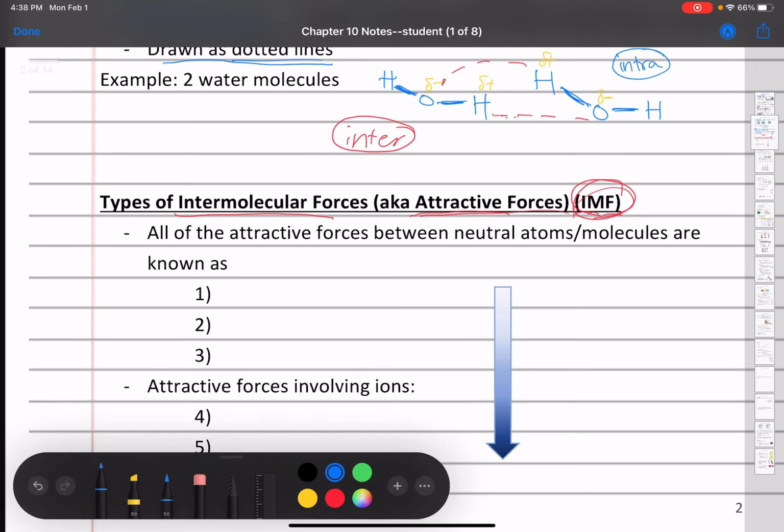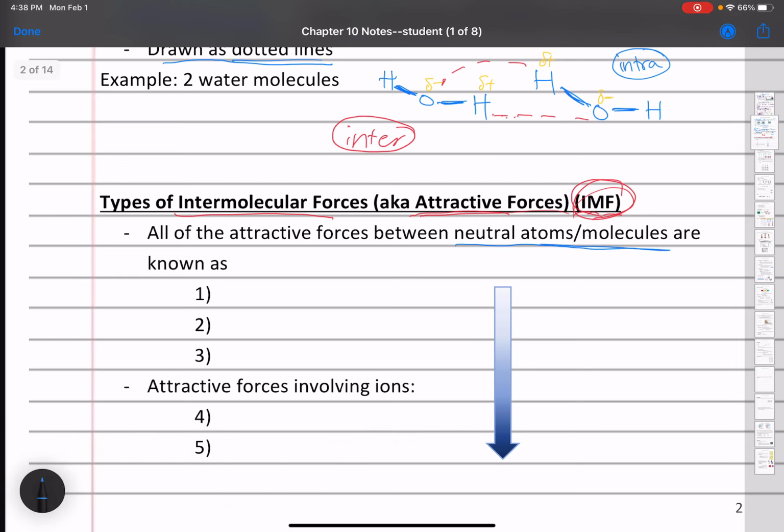Whenever we have attractive forces between neutral atoms or neutral molecules, like water, like HF, these are technically called van der Waals attractions. The three types of van der Waals attractions, from weakest to strongest, which is what this arrow represents, start with the weakest force: London dispersion forces.